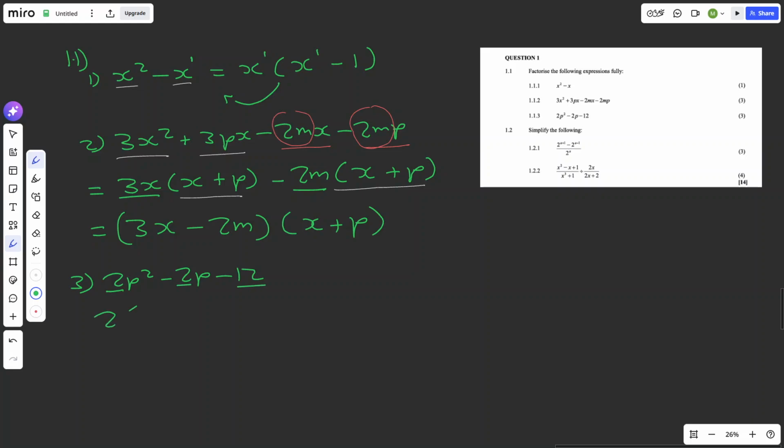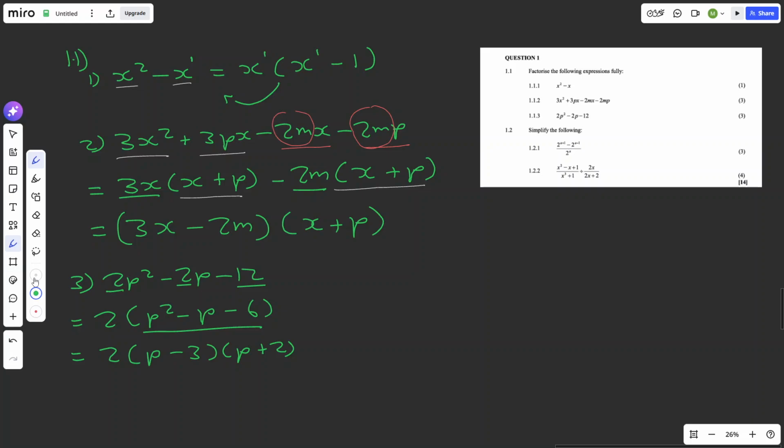So if we take out 2, we're left with p squared minus p minus 6. Okay, so now we'll be factorizing what's inside the bracket. So now for this one here, right, it's going to be p minus 3 and p plus 2.